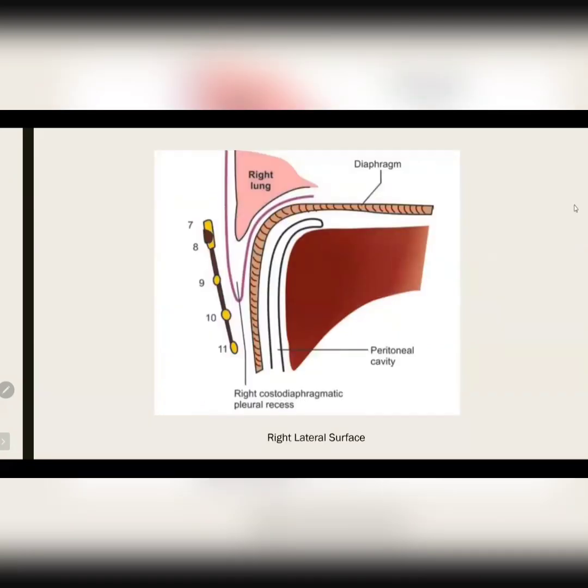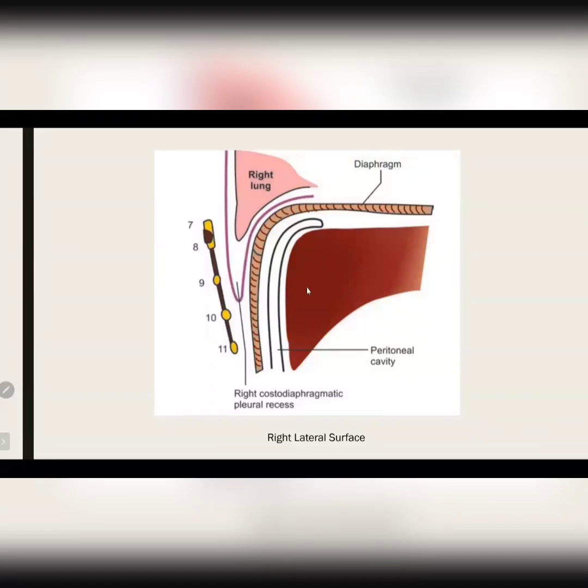Now let's look at the relations of the right lateral surface. In this diagram, this region that I am pointing to is the right lateral surface. We can divide the right lateral surface into an upper one-third, a middle one-third, and a lower one-third. The upper one-third of the right lateral surface is related to the diaphragm and the right lung.